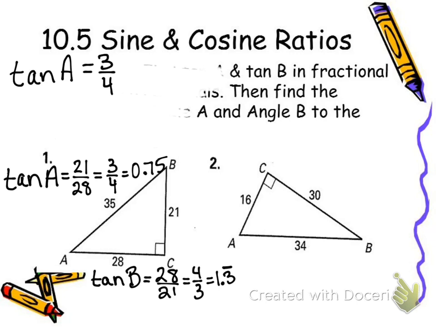So how do we get A, capital A, by itself? Take the inverse. If you're trying to find an angle, that's when you use the inverse. So we use inverse tangent on both sides.